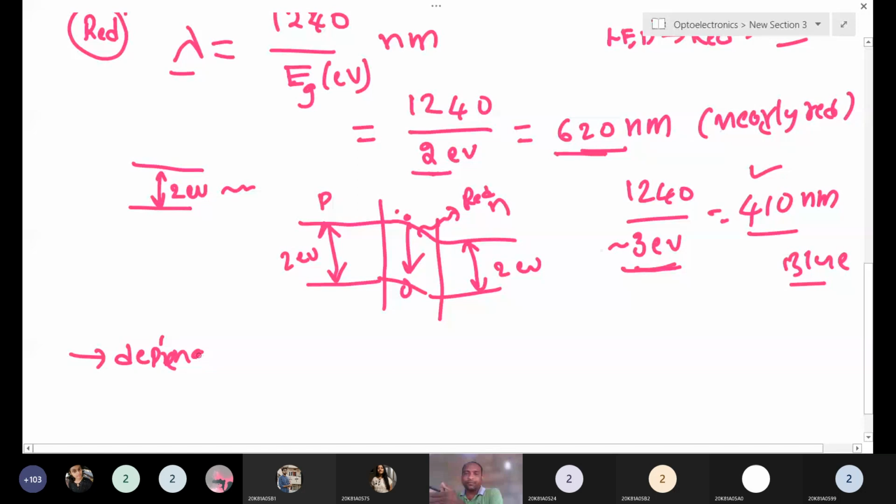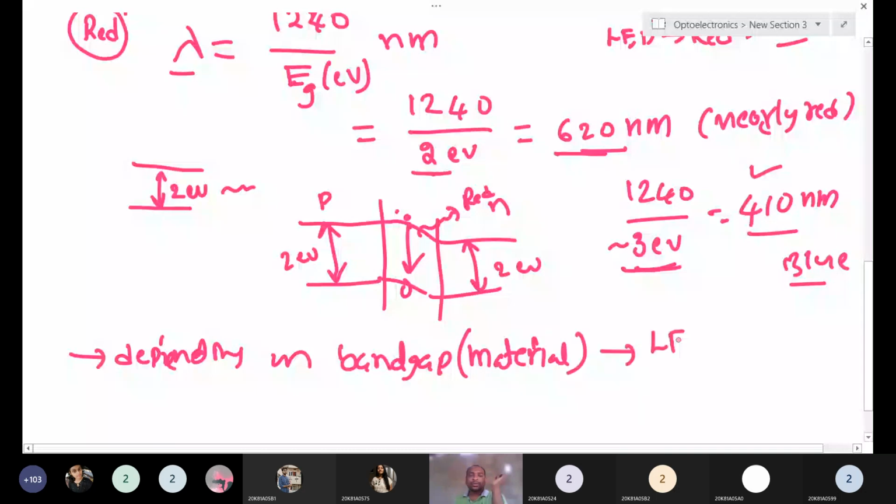For LEDs, since photons are emitted, which type of band gap material should we choose, direct or indirect? Will direct band gap material emit photons, or indirect band gap material? We discussed this yesterday also. Which band gap material will emit photons?